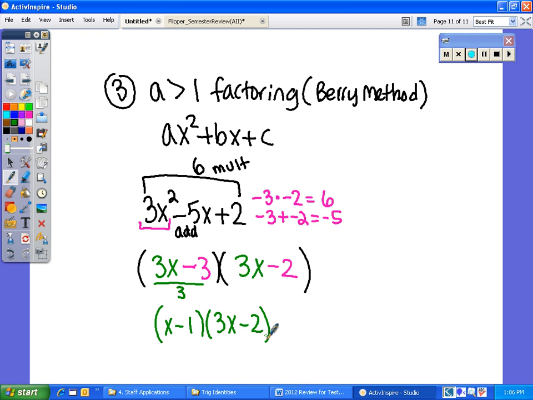The same thing can be applied to trig. So if I made this 3 secant squared minus 5 secant plus 2, you can still do the same thing.